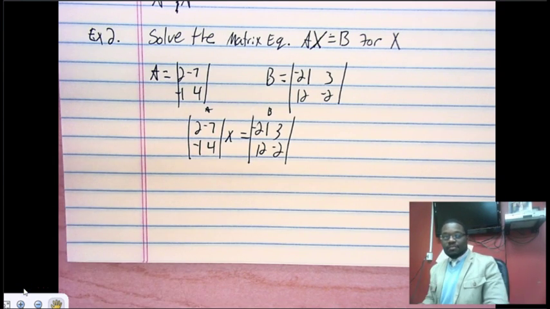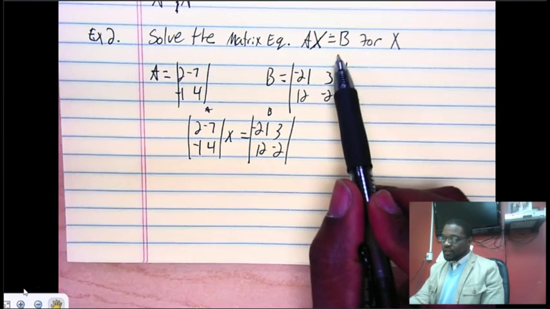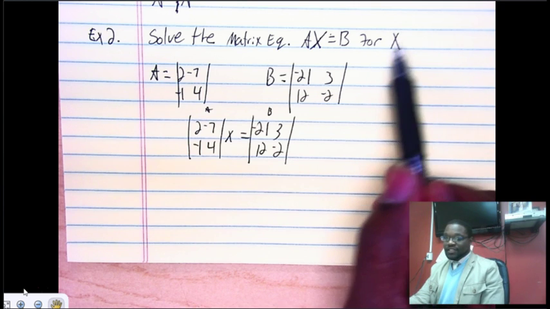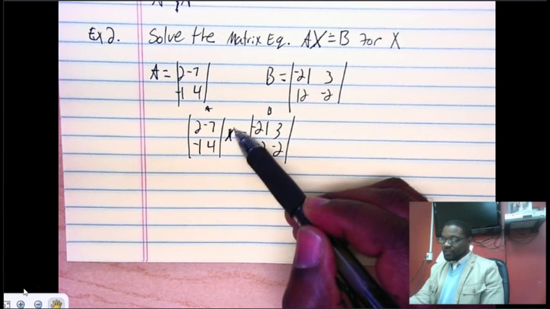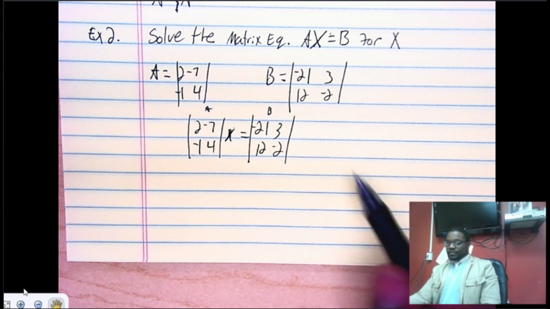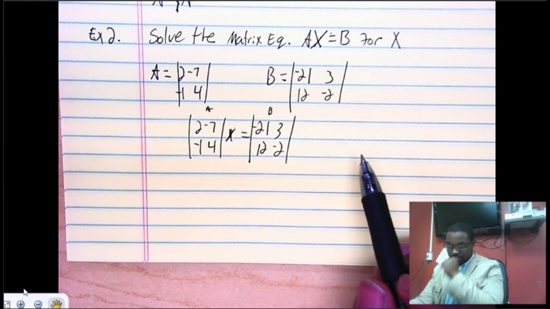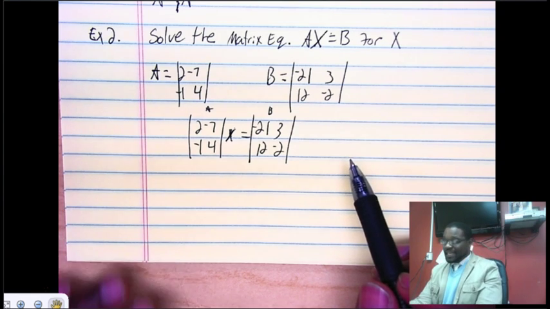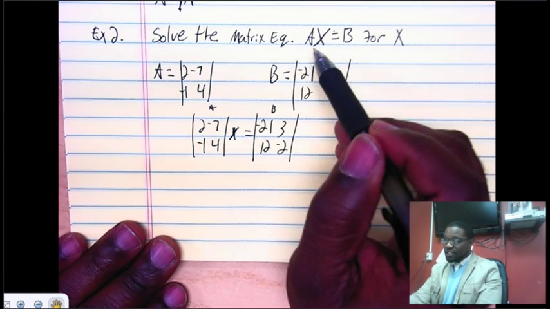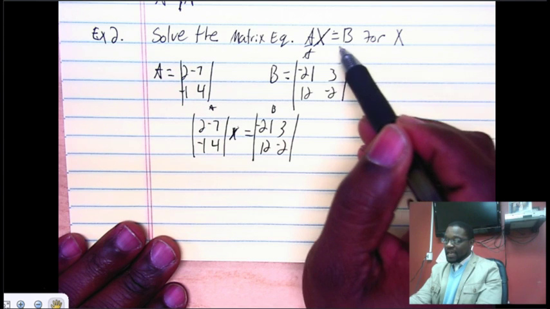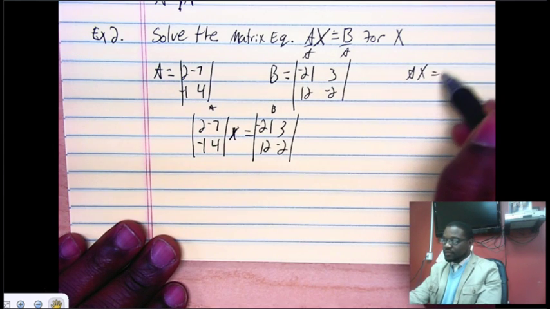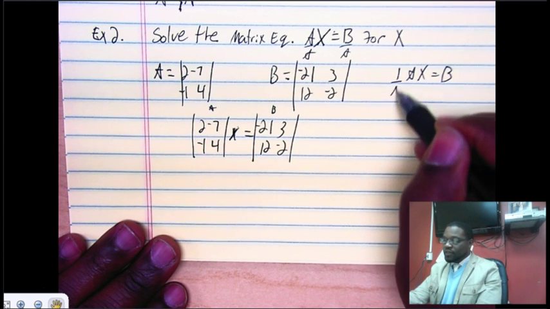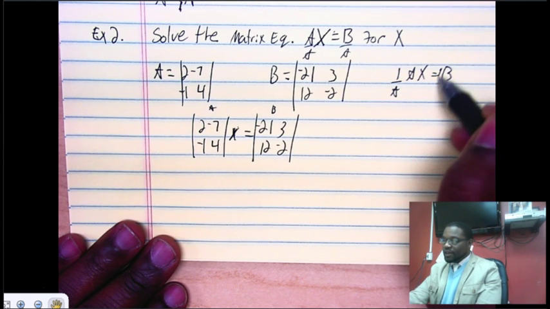Alright, so I have this matrix equation here. AX equals B. And we need to solve this for the matrix. I just forgot to write matrix X. So X, our answer, is going to be a matrix. So here's A, here's B. Now, the basic idea is if you're going to solve this equation, you just simply divide by A or multiply by the inverse of A, but you have to do it to both sides.